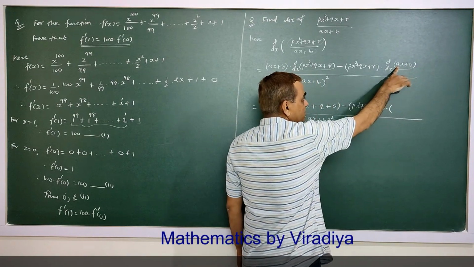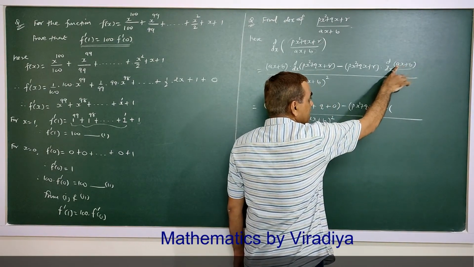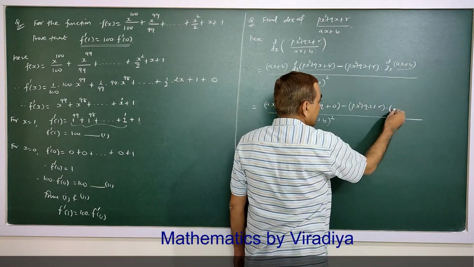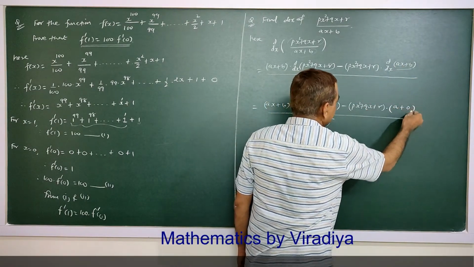A is constant, derivative of x is 1, so a as it is into 1, that is a plus 0.